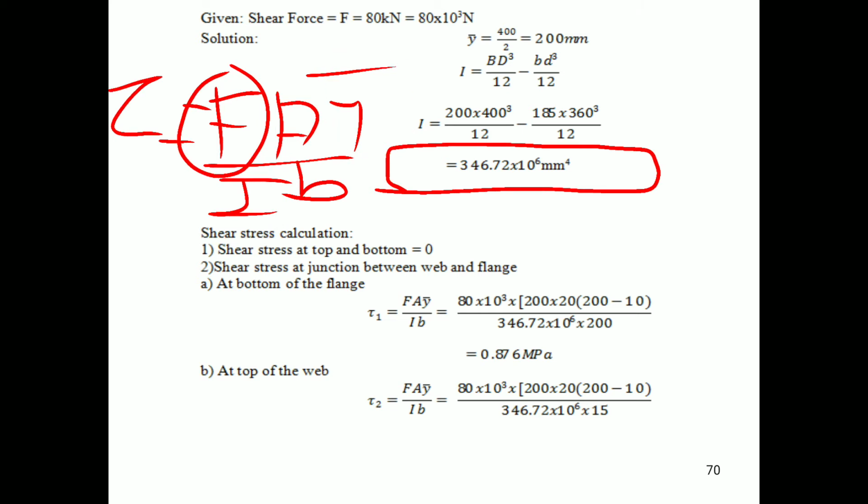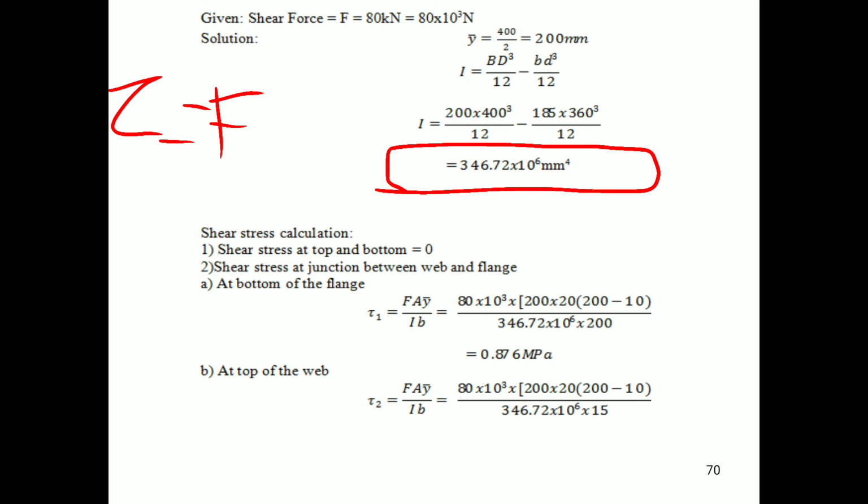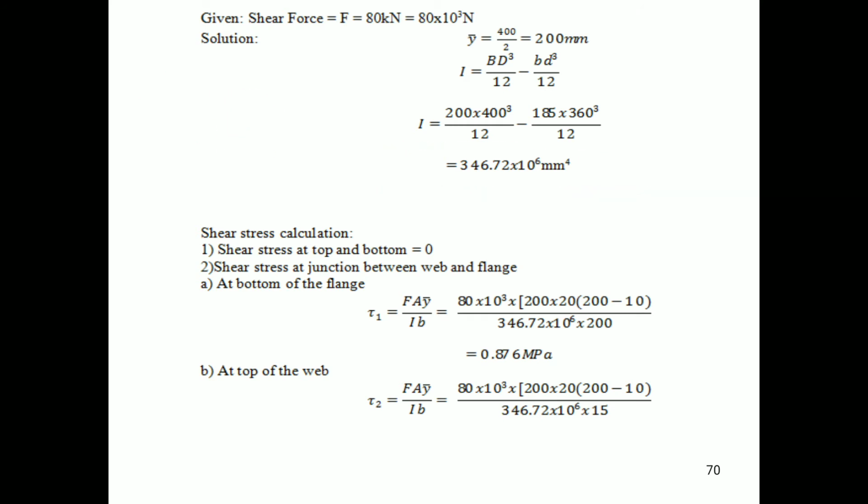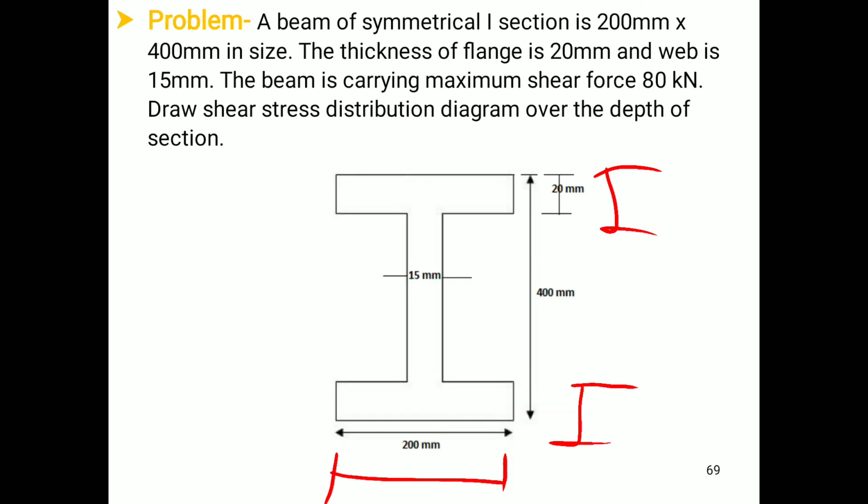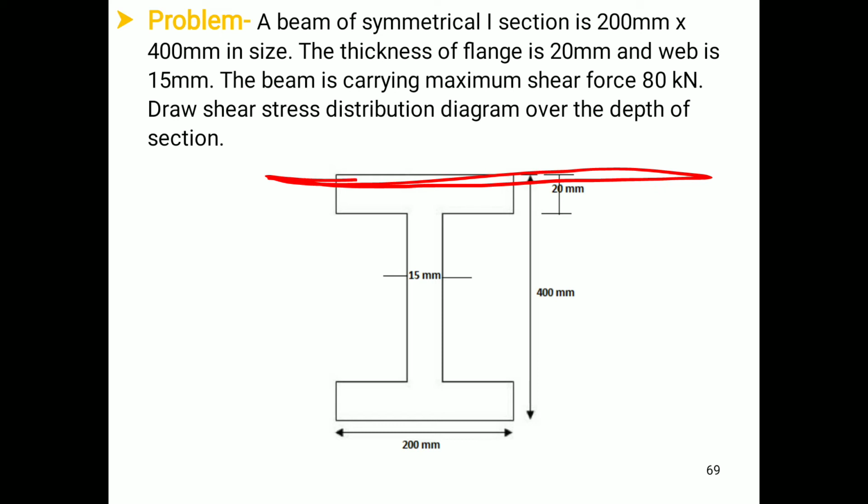Now, as discussed in the earlier lectures also, we have shear stress calculation. Remember that while calculating the value of shear stress, we have to concentrate on three main points only. The first one is the top of the flange, this particular part.